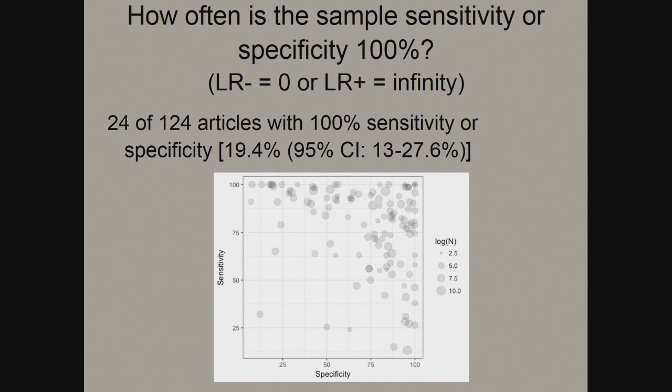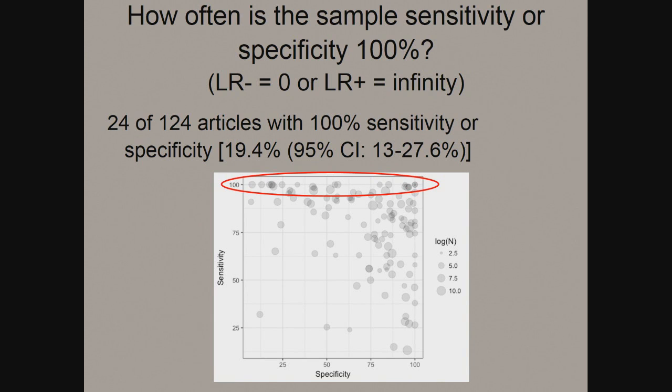And we find that that's indeed the case. 24 of the 124 articles, so about 20%, have either 100% sensitivity or 100% specificity, not 99.9, but exactly 100%. So that's this bar of papers right there. You can see everybody's aiming for really highly sensitive studies, which makes sense.